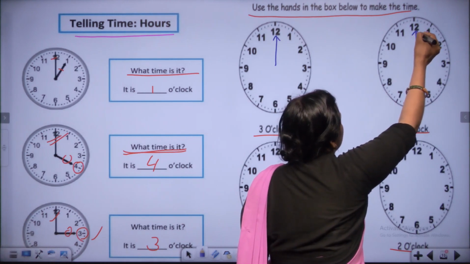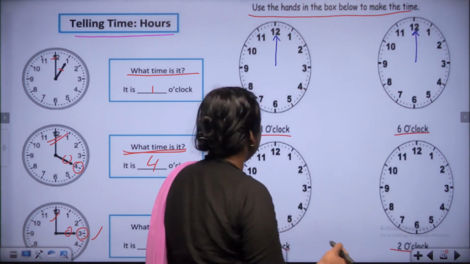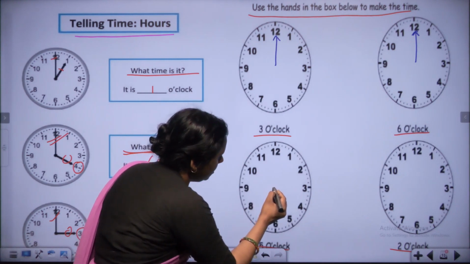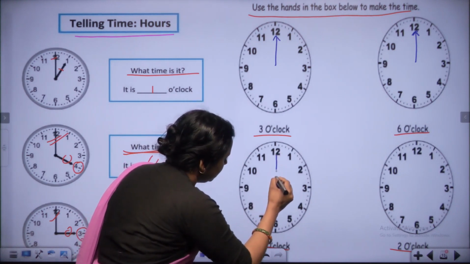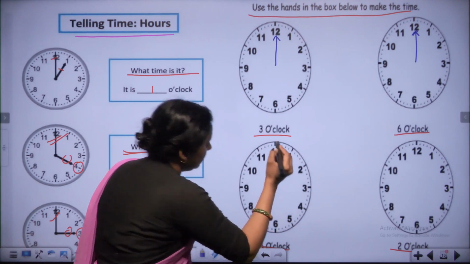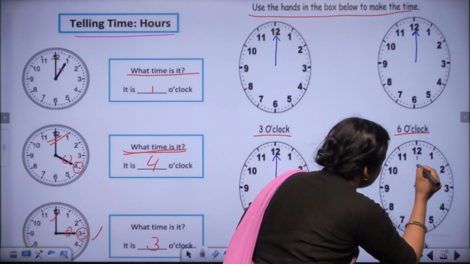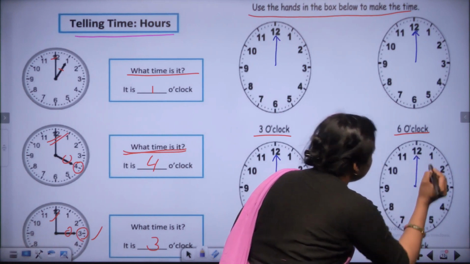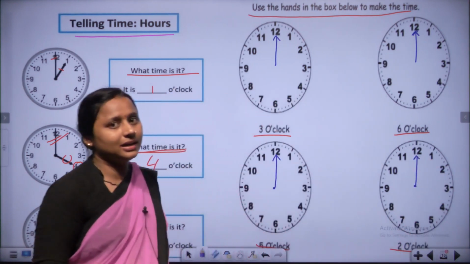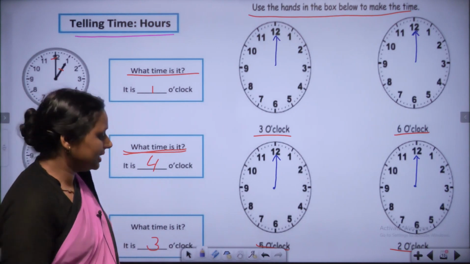Which color? Blue color. Okay. First we draw minute hand. Means o'clock. Which color? With the help of blue color. Minute hand is a longer hand. All of you see? Yes.